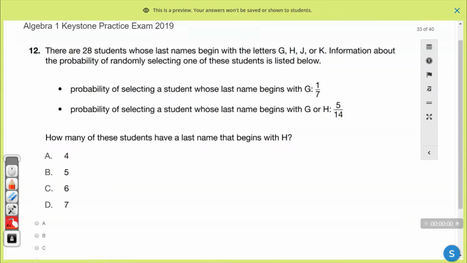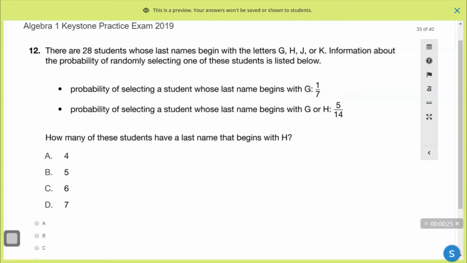Number 12. There are 28 students whose last names begin with the letters G, H, J, or K. Information about the probability of randomly selecting one of these students is listed below. Probability of selecting a student whose last name begins with G is 1/7. The probability of selecting a student whose last name begins with G or H is 5/14. How many of these students have a last name that begins with H?